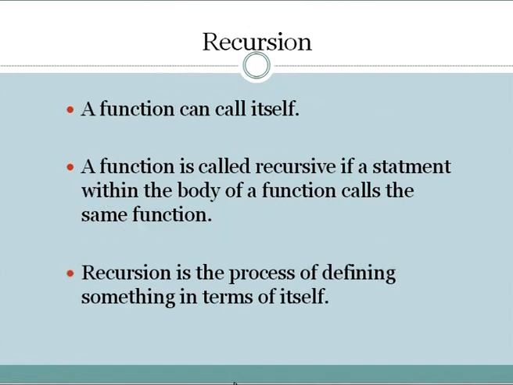Recursion is the process of defining something in terms of itself. It means we implement the logic of a function in such a manner that the function performs its functionality by repeatedly calling itself. Let's study this concept through an example.